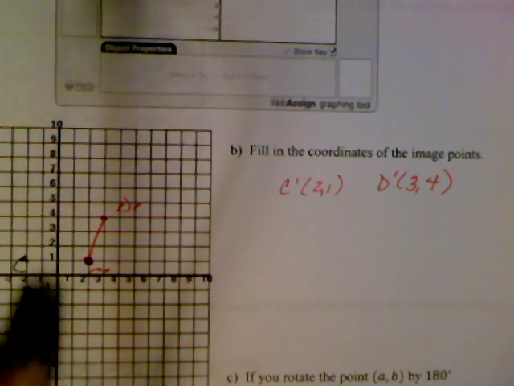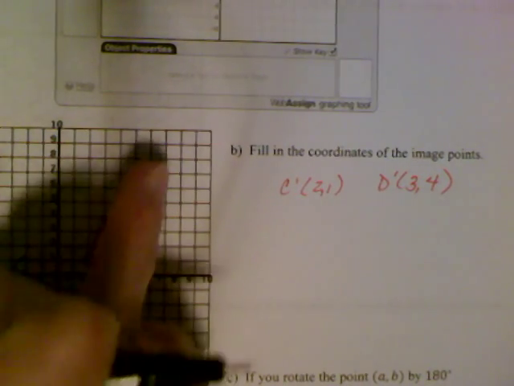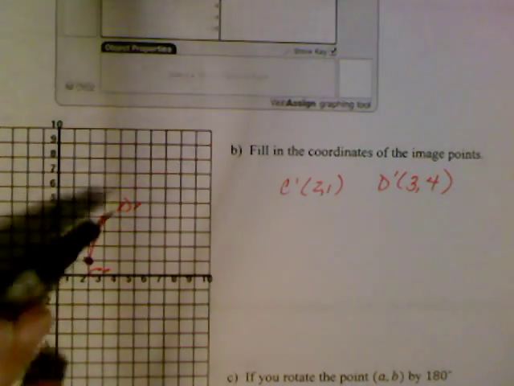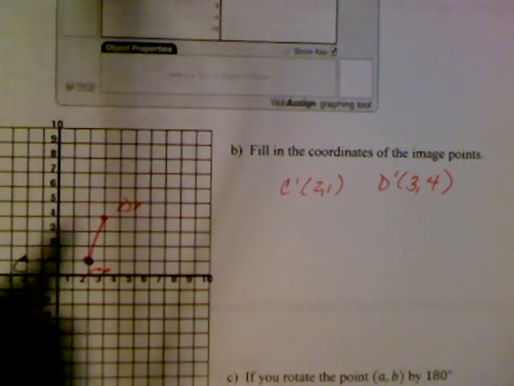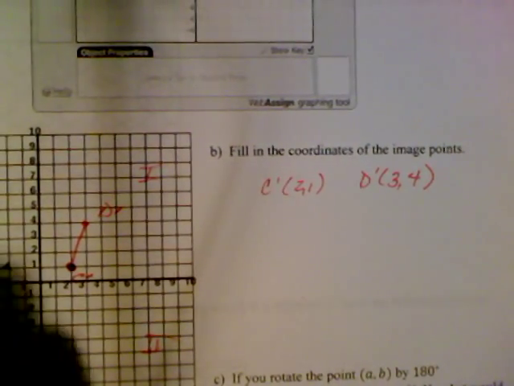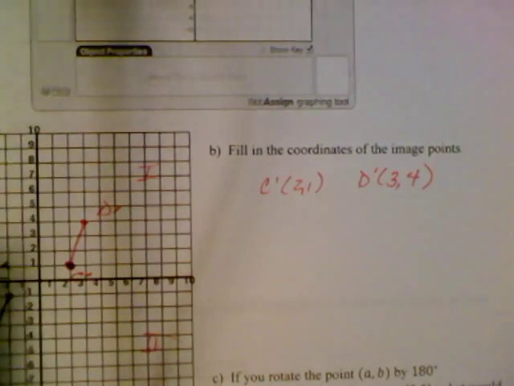Notice what this is actually doing is it's changing the signs on our points because it's a 180 degree rotation. If it were 90 degrees clockwise, it would put it into the fourth quadrant. Remember, this is the first, the second, the third, and this is the fourth.